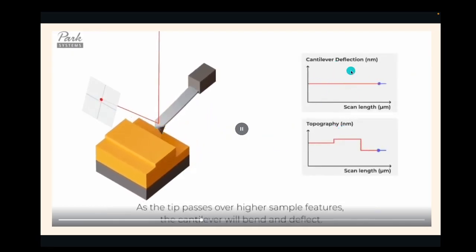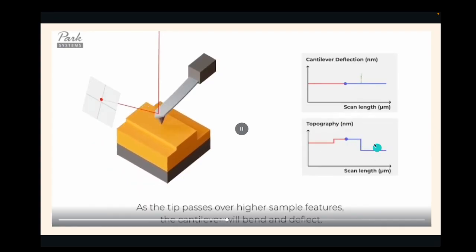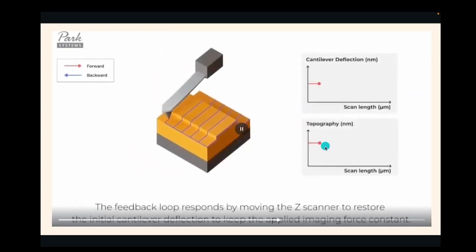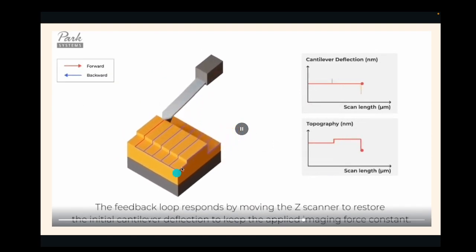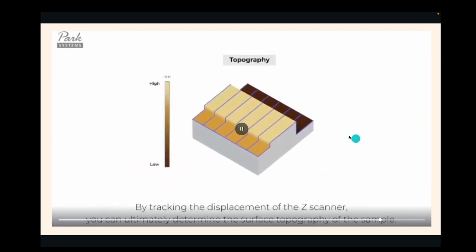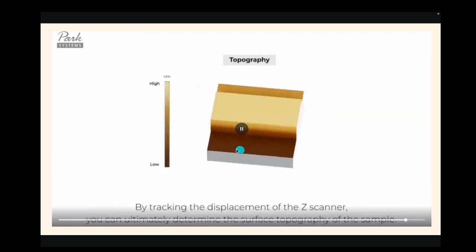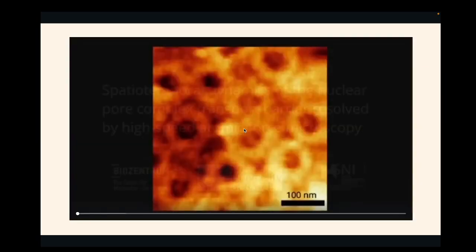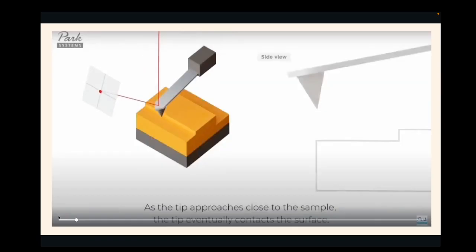This is the cantilever deflection, and this is the topography image which is coming on the computer screen. One by one, it covers the whole area. So it shows how the topography gets generated, and this is the final topographical image we get on the computer display.